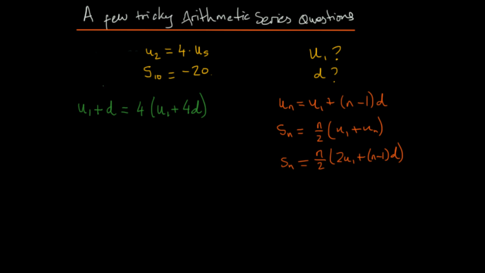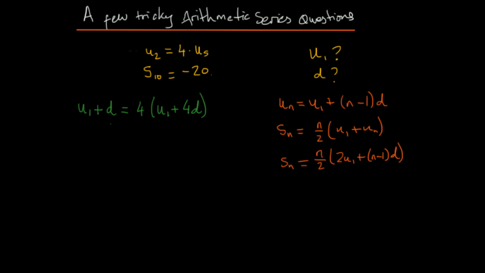So what I've done here is I've written this equation out in terms of u1 and d. So here we have two variables already, u1 and d, which are what I'm being asked for, but I cannot solve it because there's two things I don't know, and I need another equation.